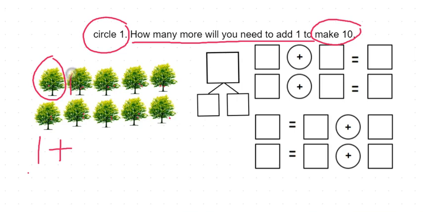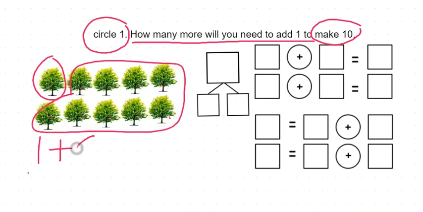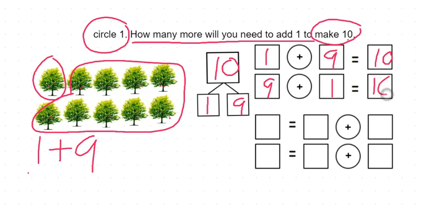So that means 1 plus 9 is equal to 10. So 1 and 9 makes 10. Therefore, 1 plus 9 makes 10, or 9 plus 1 makes 10.